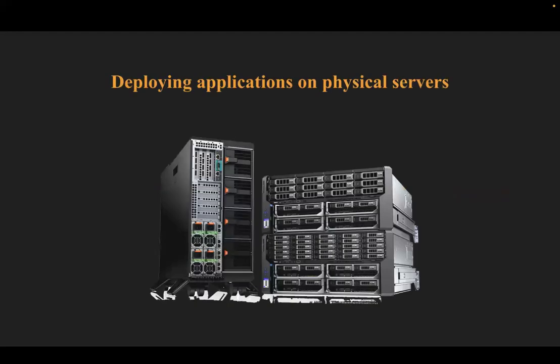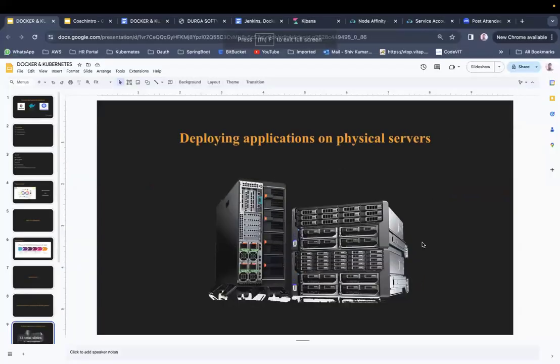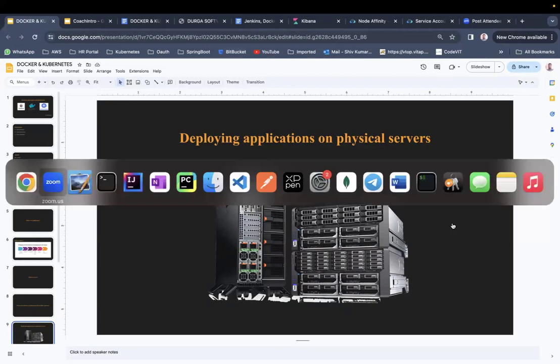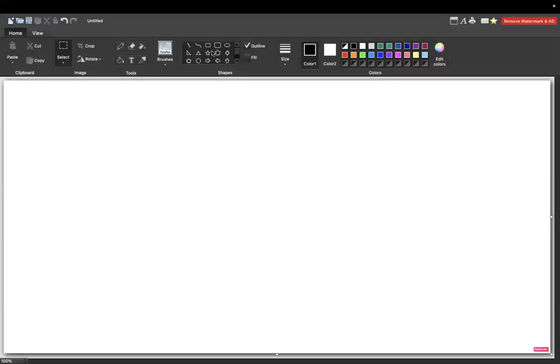In previous times, a few years back, we had something called physical servers, and people used those physical servers to deploy their applications. There are different disadvantages when we deploy applications on physical servers. Let's see them one by one.